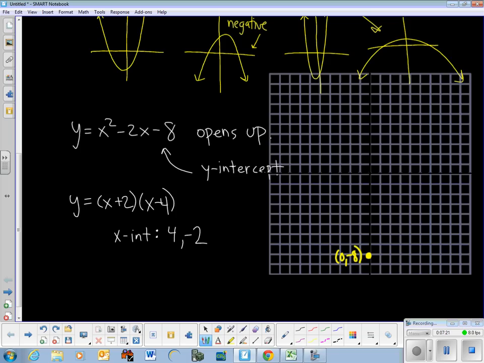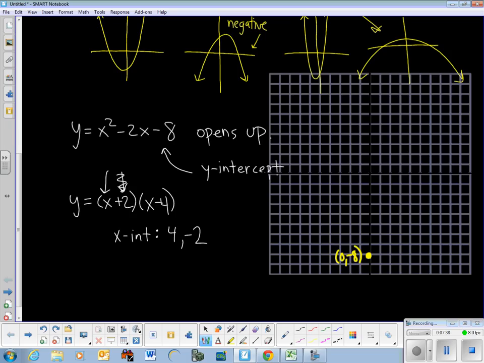Because think about it, an x-intercept is what makes y 0. So if this x right here were a -2, then that set of parentheses would equal 0. And it doesn't matter what the other set of parentheses equals, the whole thing equals 0.